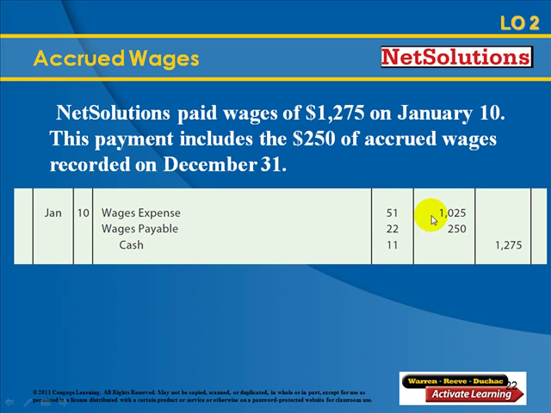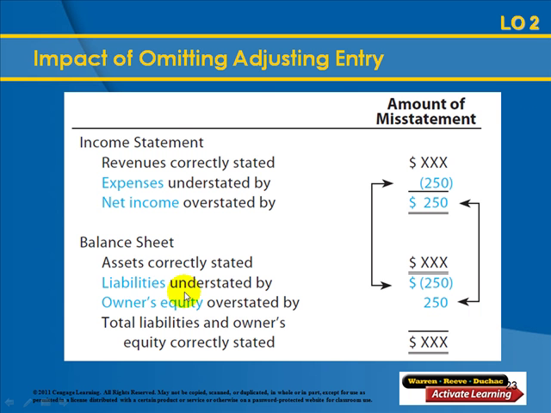Wages expense is debited for $1,025, wages payable is debited for $250, and cash is credited for $1,275. The impact of omitting this adjusting entry is that expenses will be understated, net income will be overstated, liabilities understated, and owner's equity will be overstated.